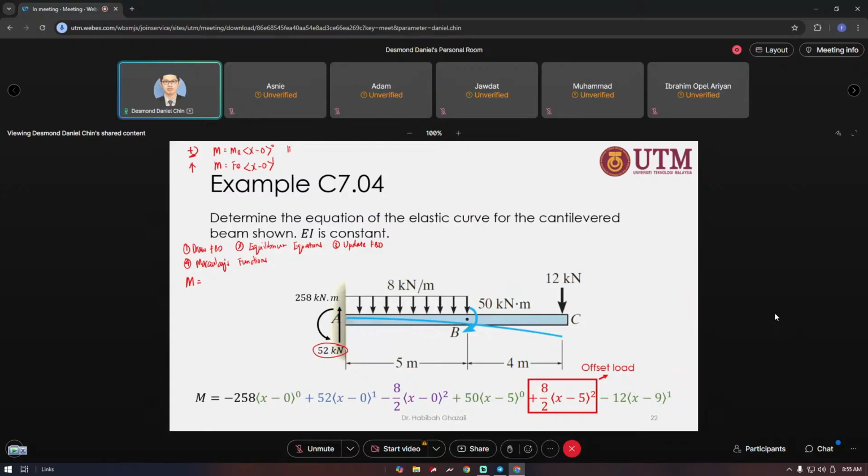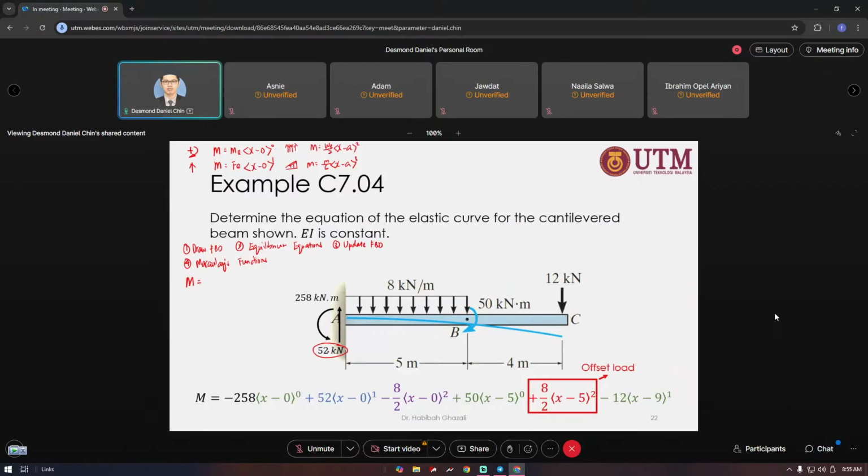Next, if you have a distributed loading pointing outward, M equals to w divided by 2 bracket x minus a squared. Lastly is the triangular loading. M equals to small letter m divided by 6 bracket x minus a cubed. It's very easy to remember. Practice it from now.